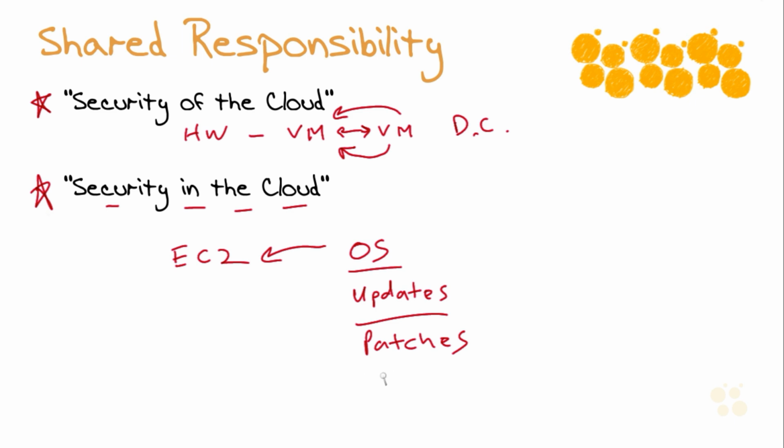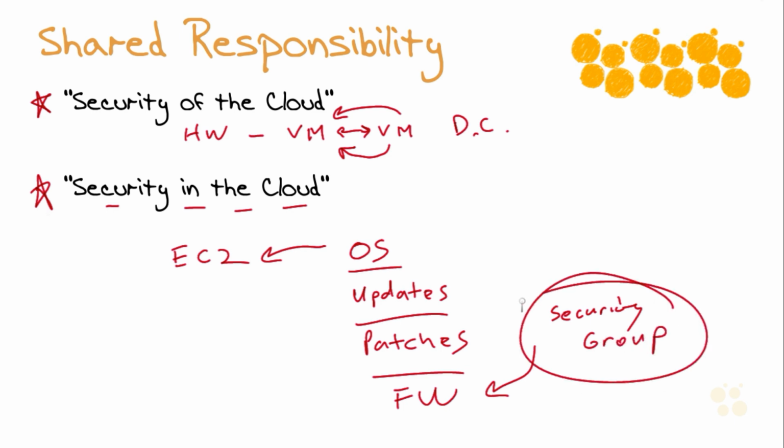And we also have to go in and configure the virtual firewall that is going to dictate security for traffic coming from that virtual machine and traffic going to that virtual machine. We implement virtual firewalls in Amazon Web Services through the configuration of something that is called a security group. A security group is a critical concept for us to master. This is the firewalling that we will do against that operating system, as I mentioned.